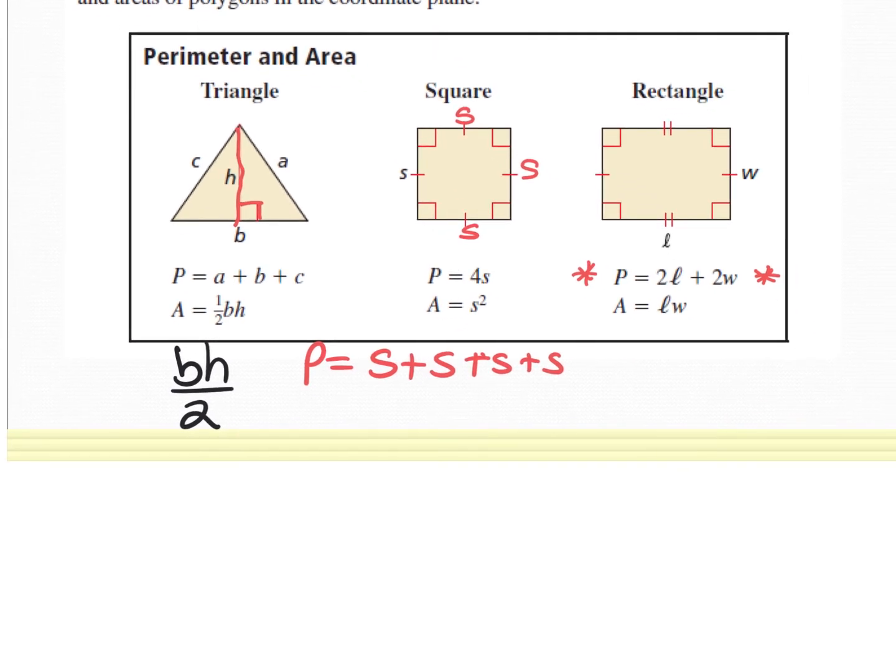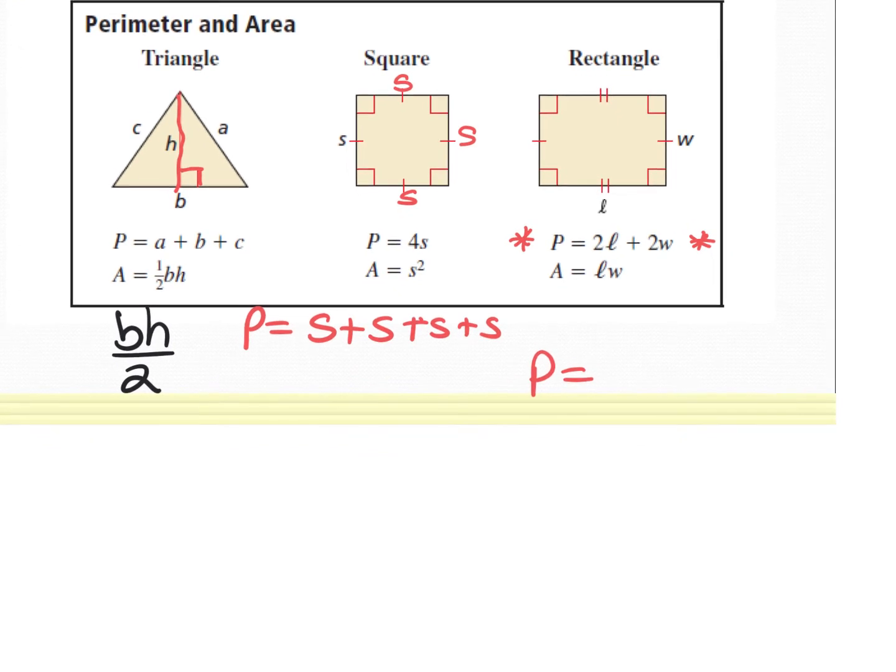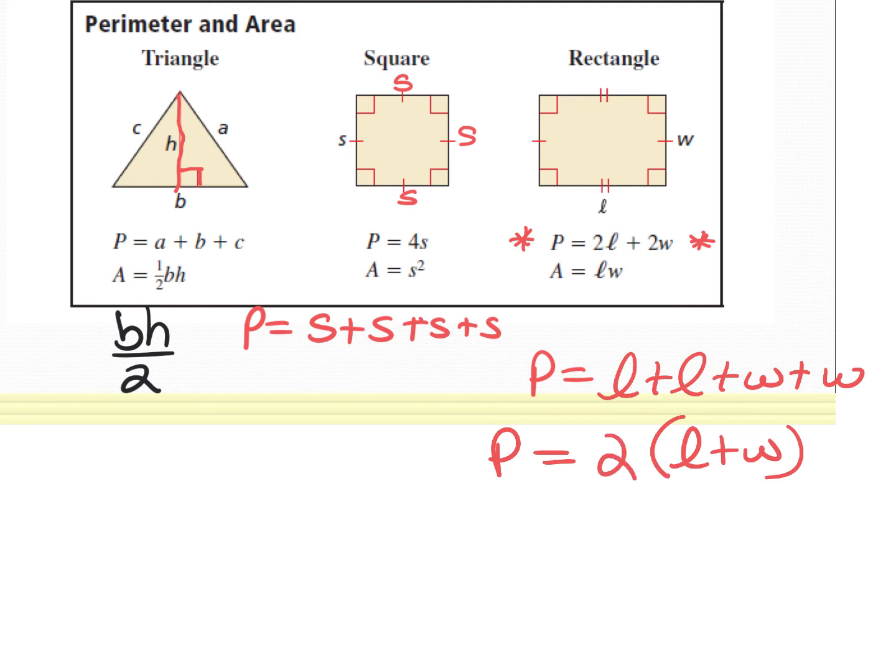Now, we could have also found the perimeter of a rectangle by also doing length plus width plus width, or you might also see it as taking the length and the width and adding them, and then timesing that answer by 2. All of these also would give you the perimeter of a rectangle. The formula for area of a rectangle, length times width. In middle school, you might have also learned it as base times height. Either way will work.